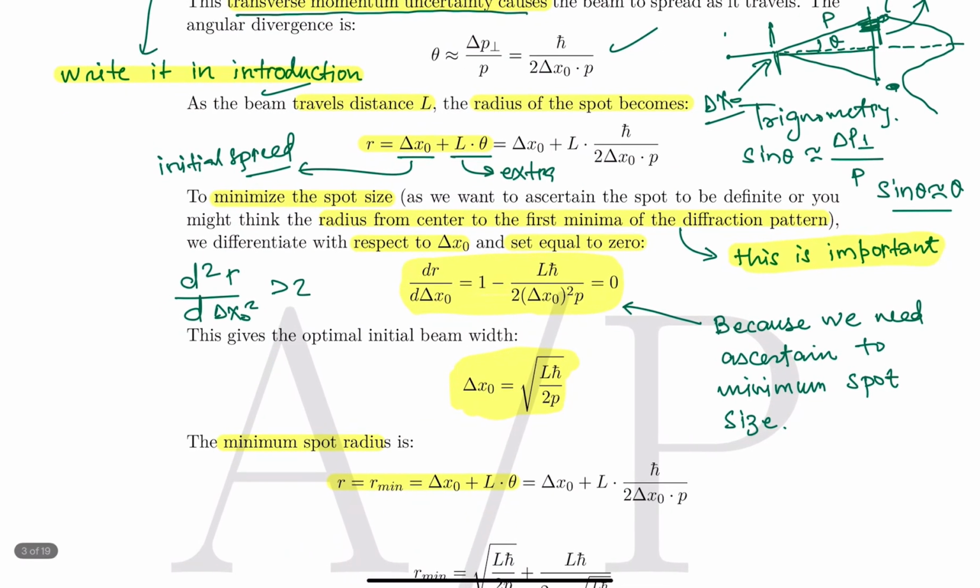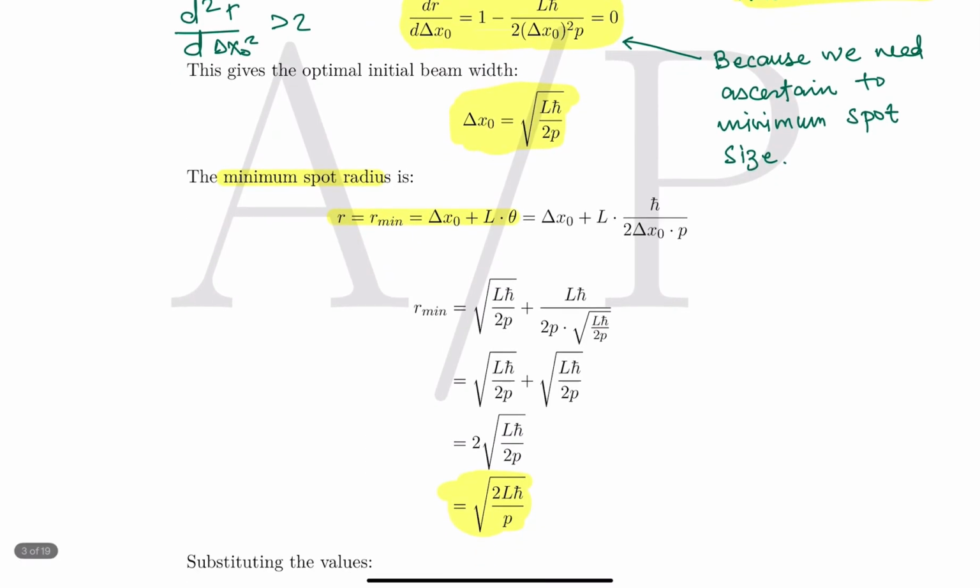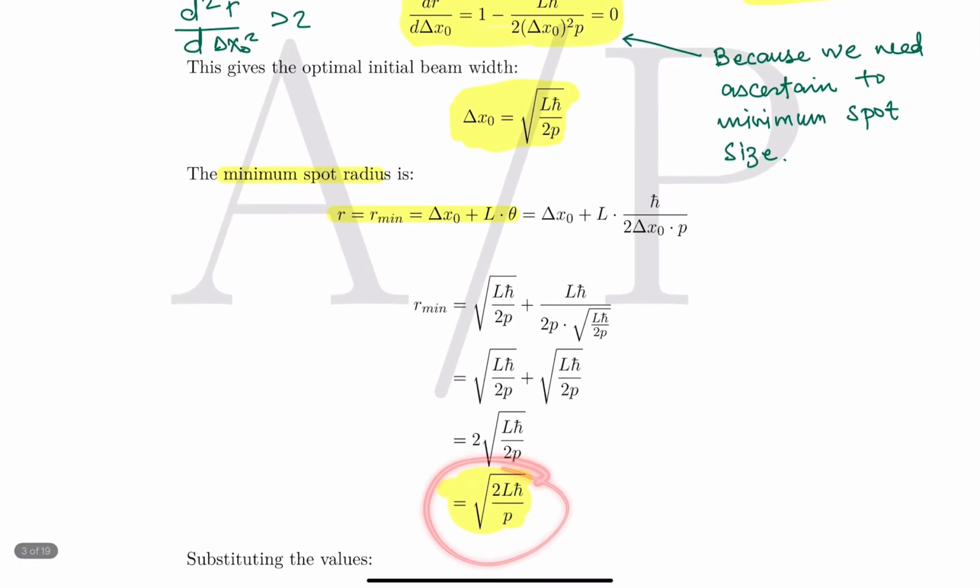Okay. So when you solve this, you will get the optimal beam width given by delta x naught equals under root of L multiplied by h bar divided by 2p. When we plug in this value here, we will get R minimum, which, when we calculate, will be twice under root of L h bar upon p.